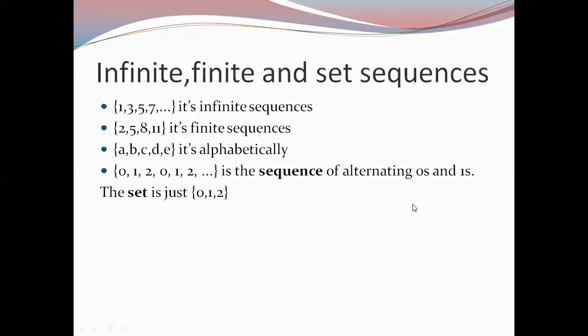Okay, next are infinite, finite, and set sequences. First, 1, 3, 5, 7, and so on, is an infinite sequence because the dots, or etc., mean it is unlimited.